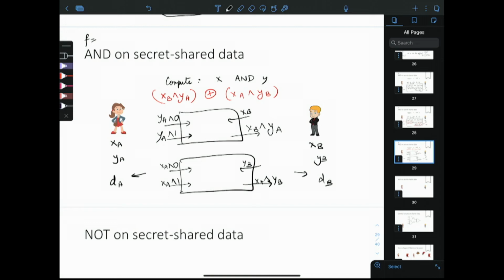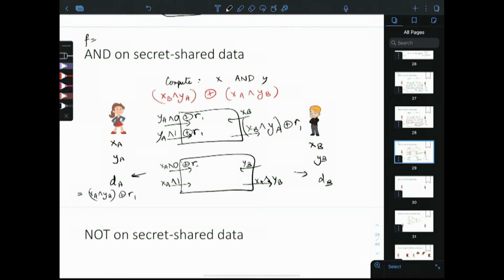Right, Alice has all the A shares, so you run these two OTs. And now the one other thing that we add to this is some randomization. So what Bob gets is not the AND, but the AND XORed with a random bit. And now Alice knows what this random bit is because she's the one who set it. So she sets her dA to be XA AND YA XORed with this random bit R1.